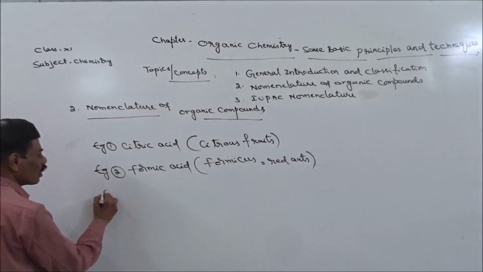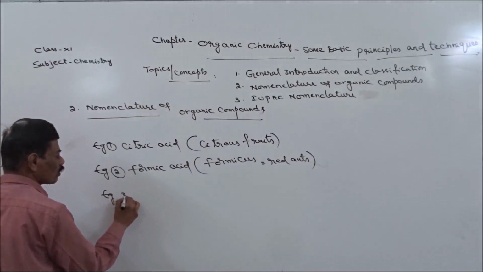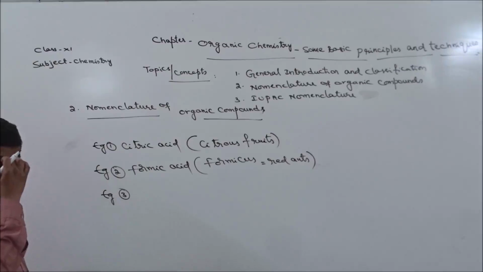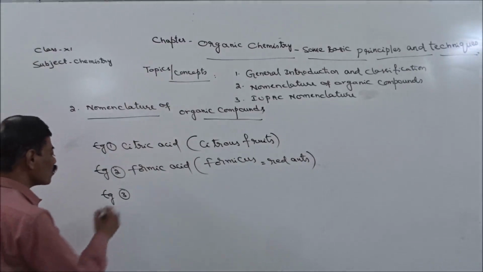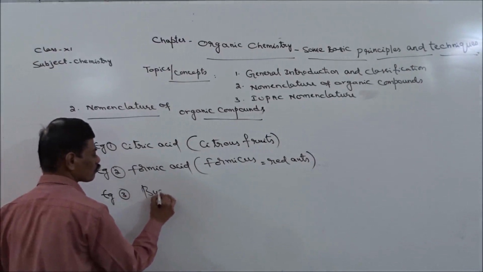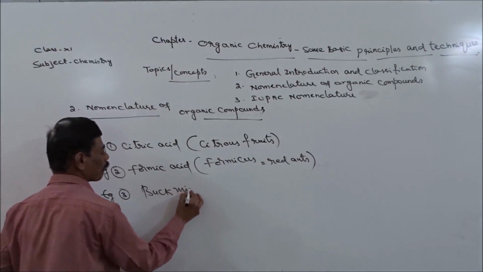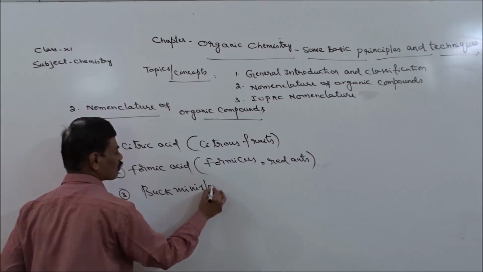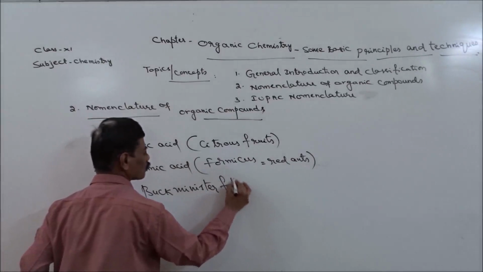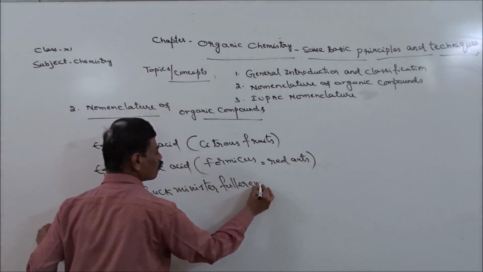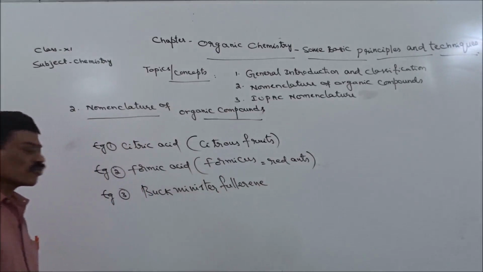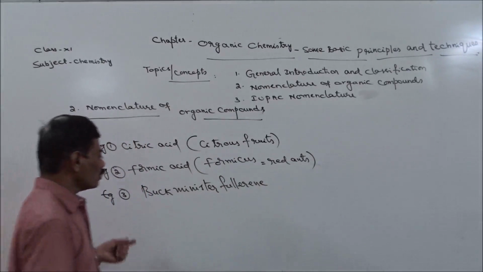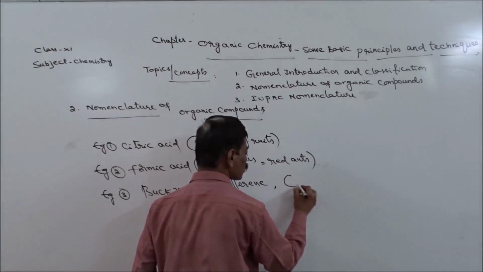And at the same time, there is an element, Buckminster fullerene, that is C60.